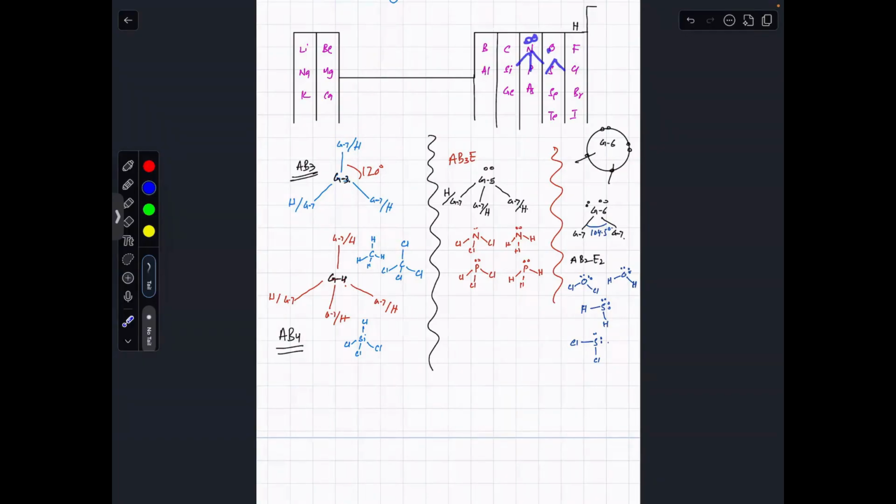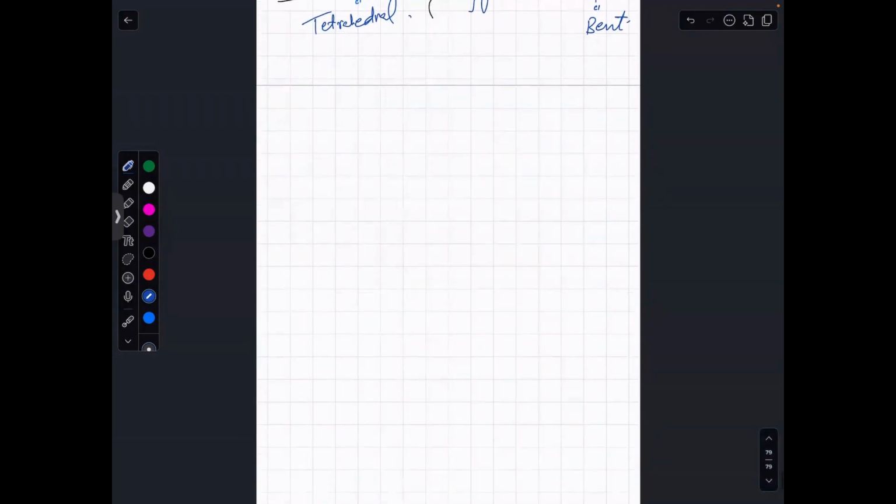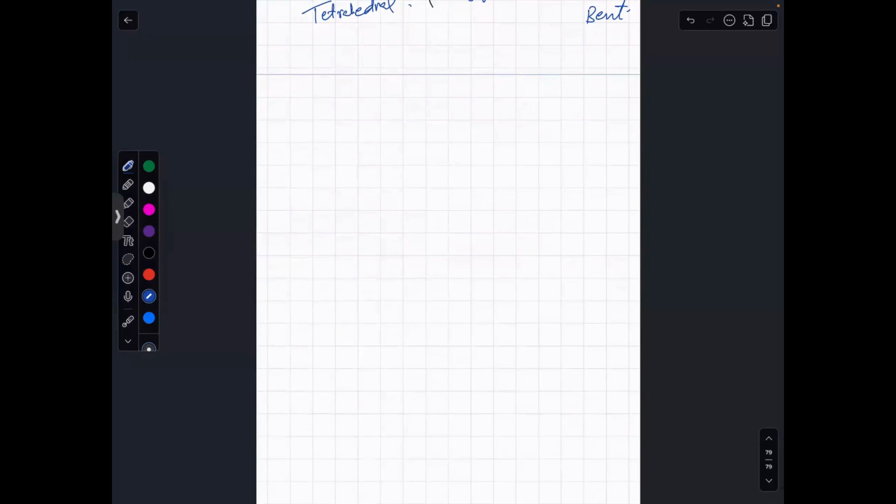Group 6 making 2 bonds, 2 lone pairs. Right? So their angles are what? 107, pyramidal, trigonal pyramidal, tetrahedral. And these are called bent.